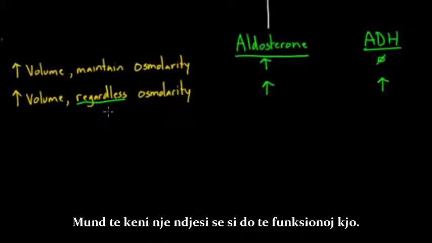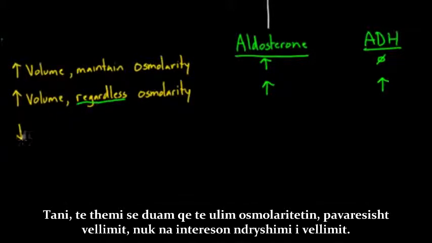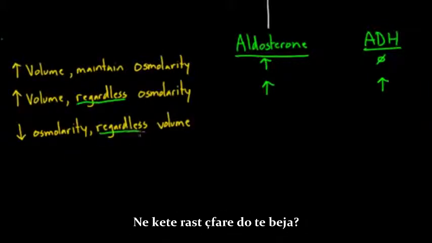So you can kind of get a sense for how this is going to work, right? Now let's say I wanted to decrease osmolarity, and let's say regardless of volume. So I don't really care if the volume changes a little bit here or there. So in this case, regardless of volume, what would I do?